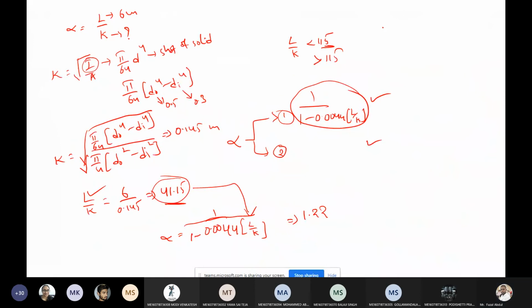Small k is equal to Di by D naught, 0.3 by 0.5. Ratio of diameters, the value is 0.6.